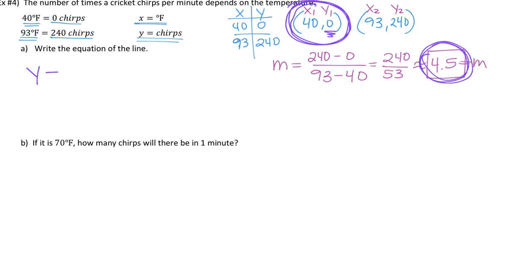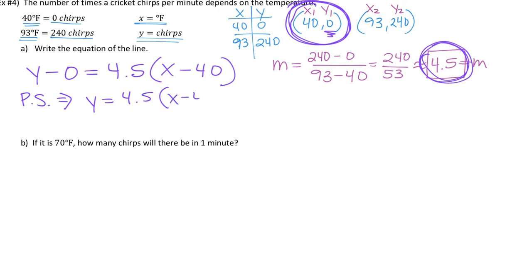So that's y minus what? 0 equals the slope, 4.5, times x minus the x value, which is 40. What did we say y minus 0 equals? Just y, right? So y equals 4.5 times x minus 40. That would be our point slope form.